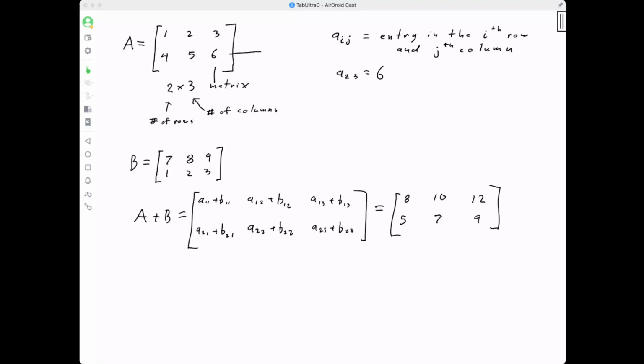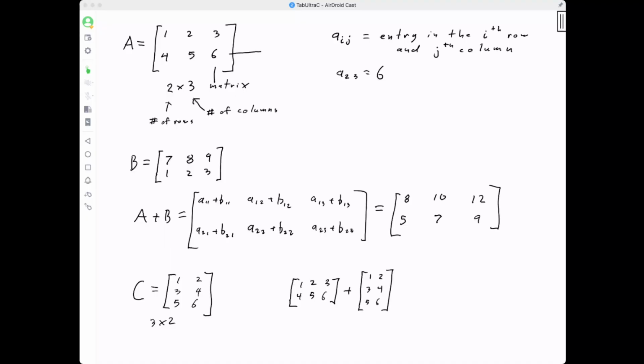Notice if I tried to take a third matrix, say C, that is maybe 1, 2, 3, 4, 5, 6, this matrix is a 3 by 2 matrix. So if I take A plus C, I would be getting 1, 2, 3, 4, 5, 6, plus 1, 2, 3, 4, 5, 6.